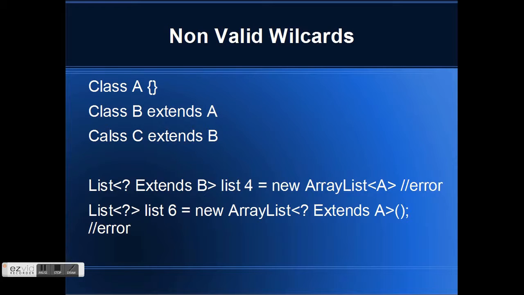List 6 creates an ArrayList that can hold instances of class A. It's stored in a variable with an unbound wildcard. Any generic type can be referenced from an unbound wildcard, making this okay. Once it's holding a reference to A, this doesn't work because the reference in the list is unknown.